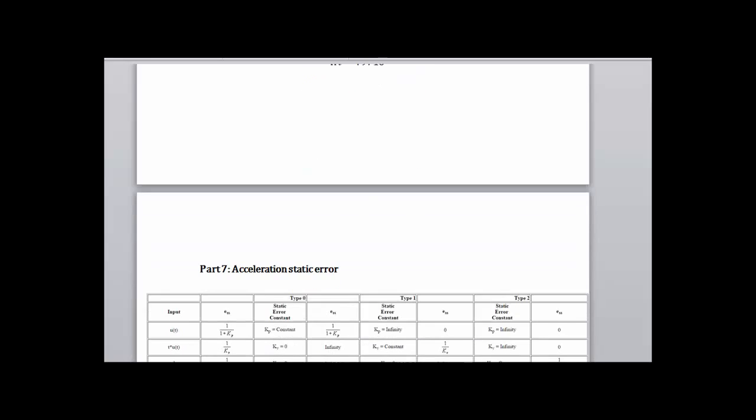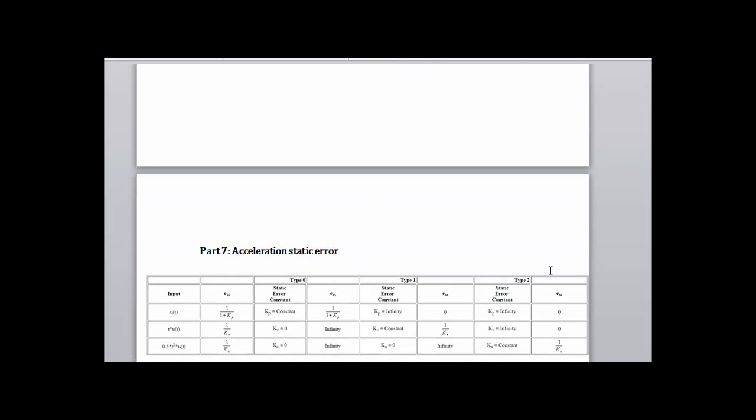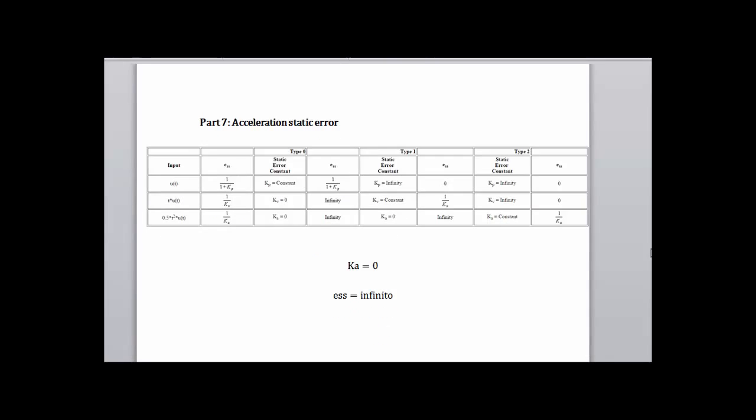And then we will continue to the acceleration static error, and I hope this image is big enough. So we have our system that is a type 1, and in the type 1 we have the different inputs and the static errors that it has.